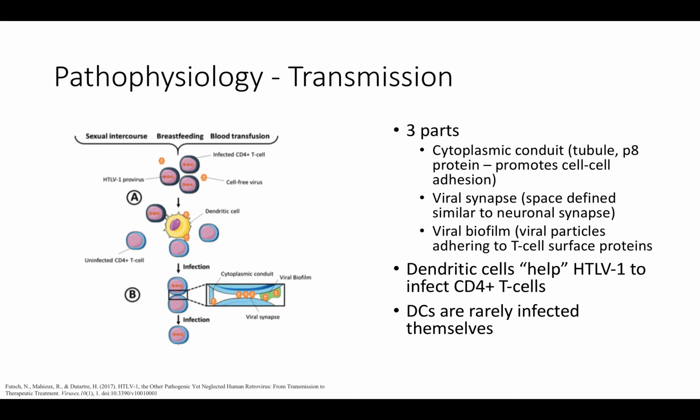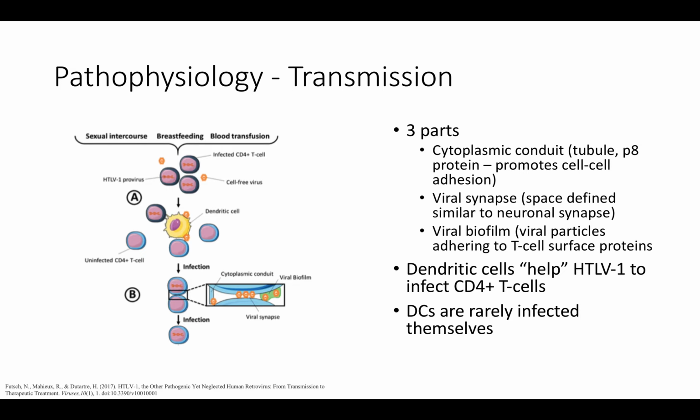There are 3 parts to this process, as seen in the diagram shown. There is the viral synapse, which I like to think of like the synapse between two neurons, which in this case is the small space between the T cell and the dendritic cell. And this is where everything kind of happens.